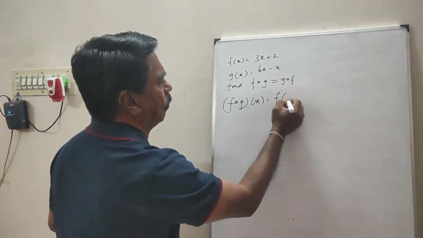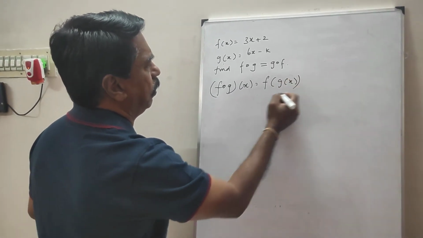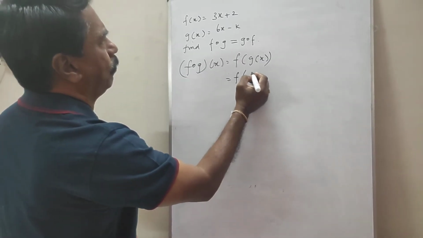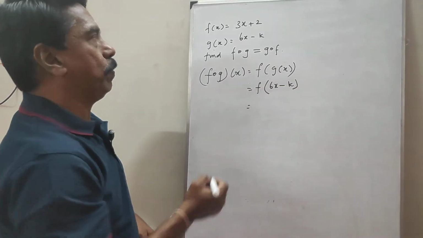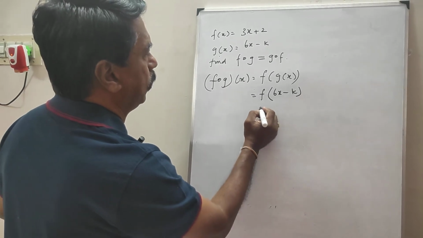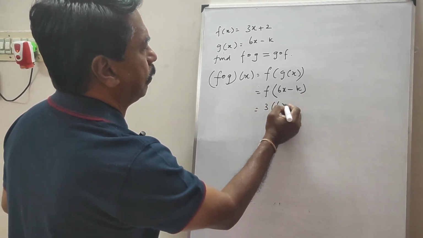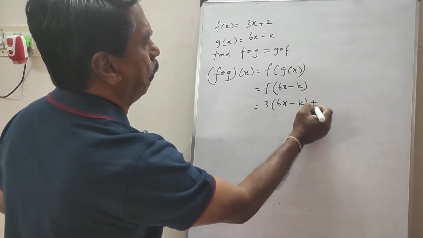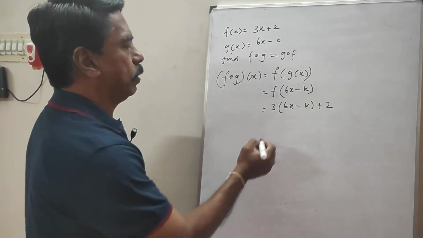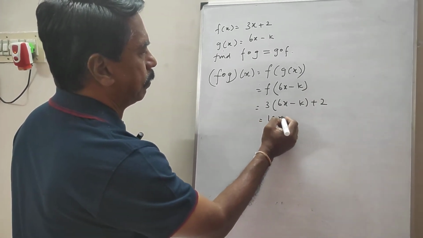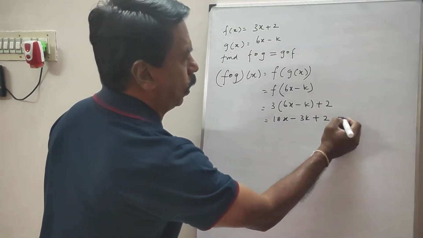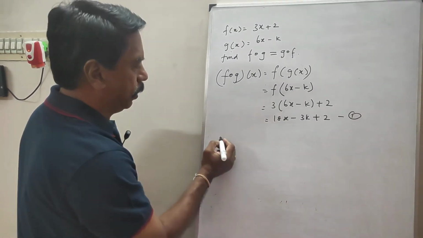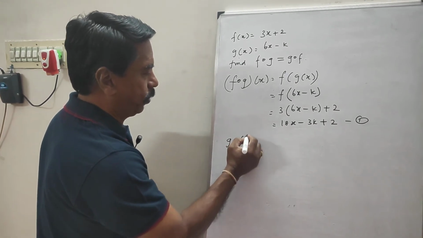This is nothing but f of g of x, and g of x is 6x minus k. You substitute in the function f, you get 3 into 6x minus k plus 2. That is 18x minus 3k plus 2. This is 1.